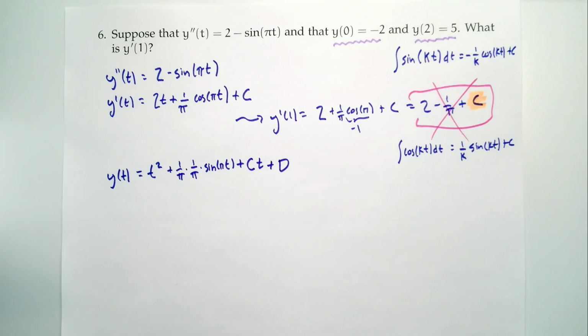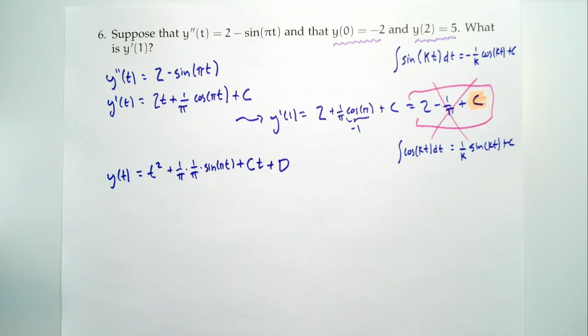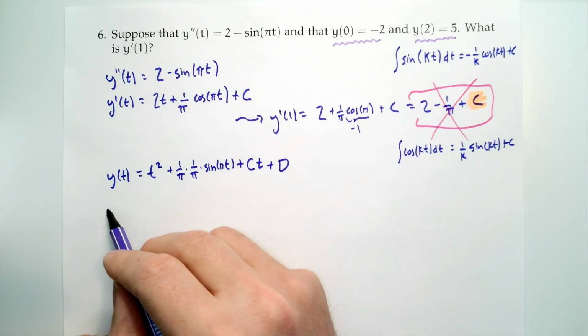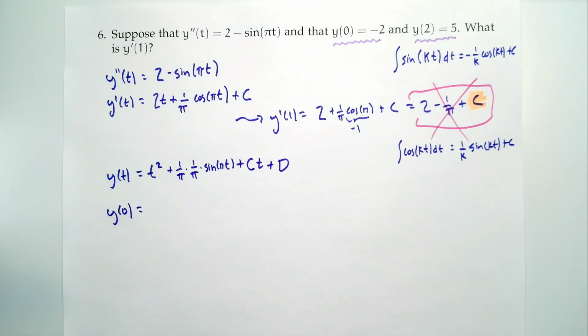All right, so now we have two things that we don't know, but that's okay because we have two pieces of information. Now our goal is to figure out what is c, because once we know what c is, then we're done. So let's start with 0, because usually 0 is our friend. Indeed, anytime you can get 0 involved in a problem, you should do it. So when we plug in 0, what do we get?